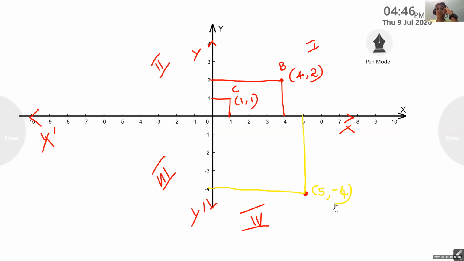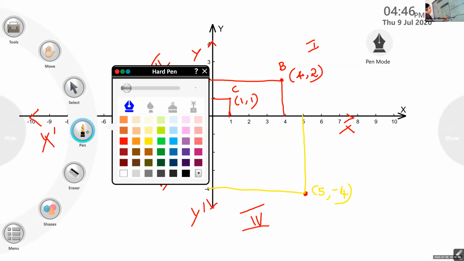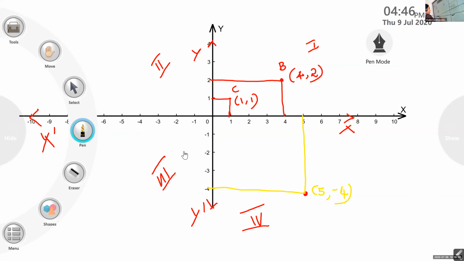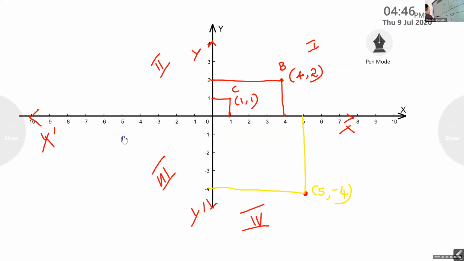Okay. Now one more point. I'm making one more point. Can you see the point? That point is S. Can you find the location? It should touch the x-axis first.